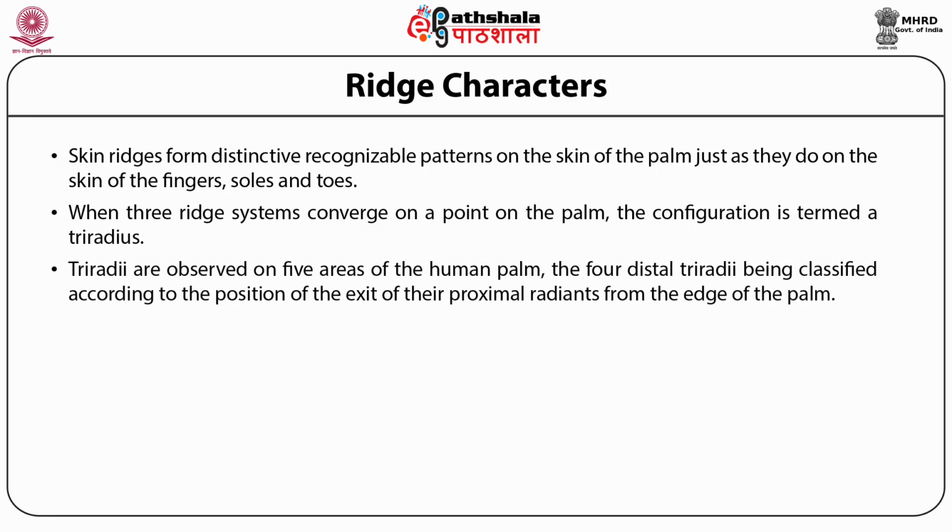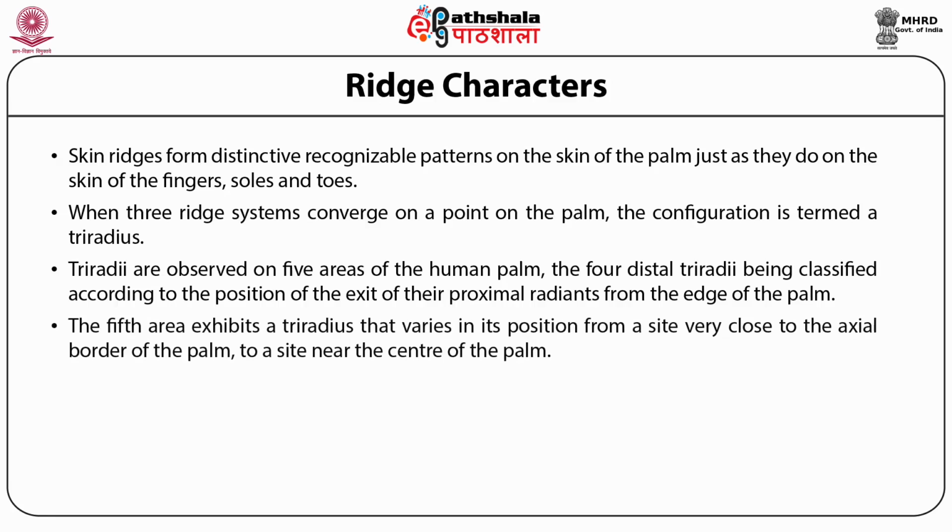The 4 distal triradii are classified according to the position of the exit of their proximal radiant from the edge of the palm. The fifth area exhibits a triradius that varies in its position from a site very close to the axial border of the palm to a site near the center of the palm.